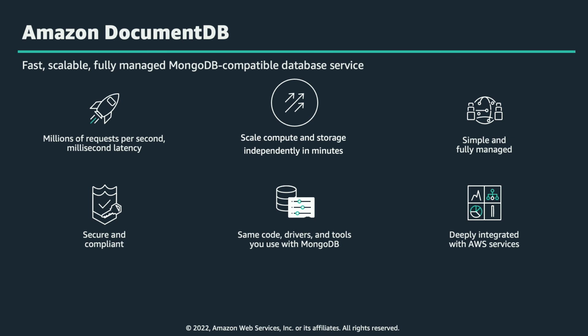Data is encrypted by default at rest. So when it's persisted in the database, it's encrypted, and it's encrypted in transit, so using TLS. So you've got those levels of security and encryption. And in terms of compliance, we support and are compliant with a number of different things like HIPAA and different ISO standards.